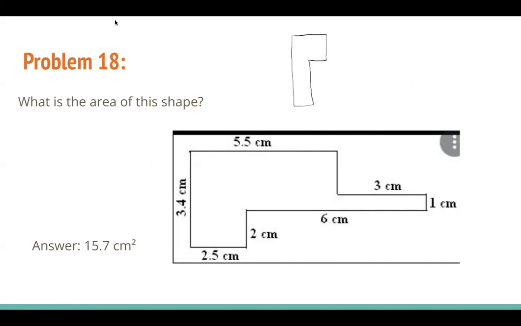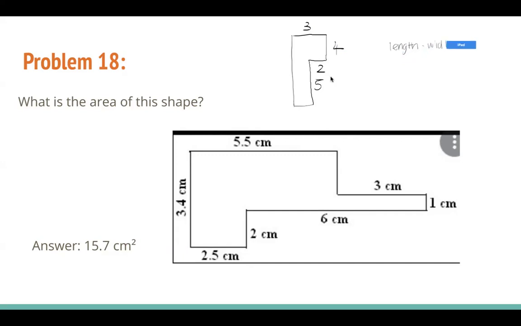And let's say this is 3, this is 2, this is 4, and this is 5. Does that make sense? Let's pretend this is our shape. Makes sense.